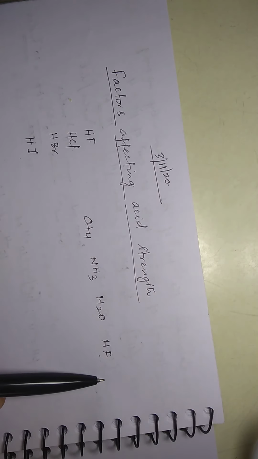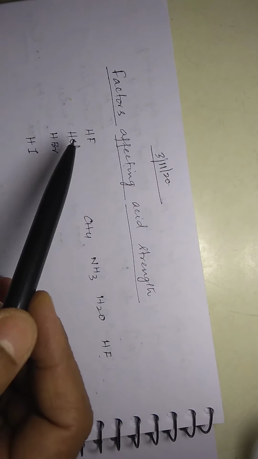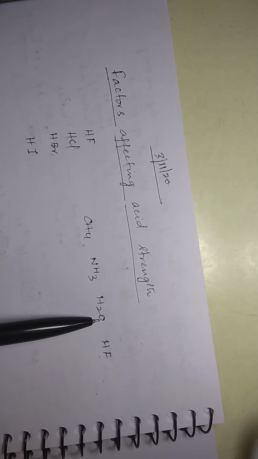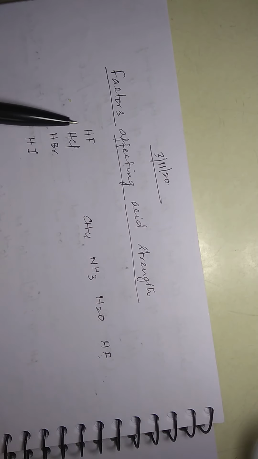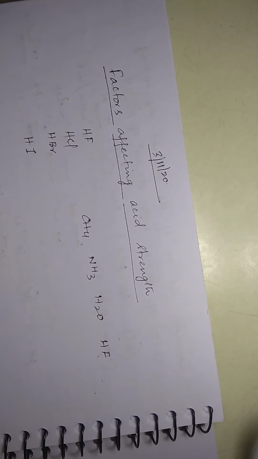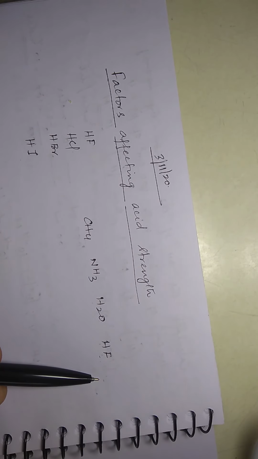This is across the period. Right? Now here also carbon, nitrogen, oxygen, fluorine are all associated with hydrogen in each case. And here also along with halogens, hydrogen is associated. Okay. Now what happens down the group and what happens across the period, let us see.